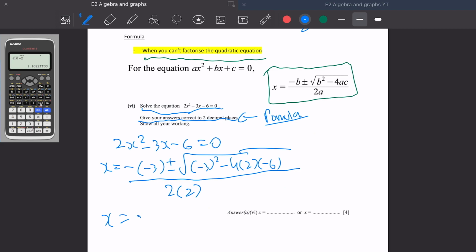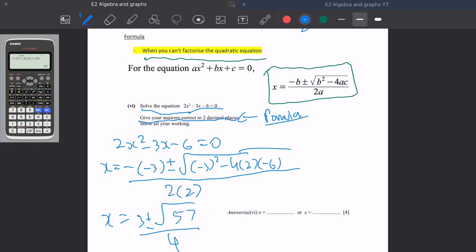So you get 3 plus or minus root of, let's plug this in, minus 3 square, no sorry, minus 4 into 2 into minus 6, 57 divided by 4.